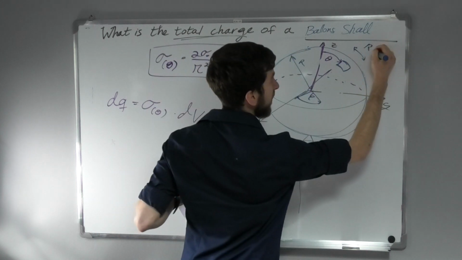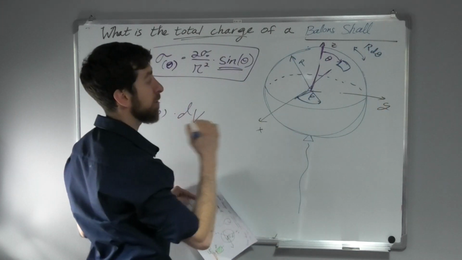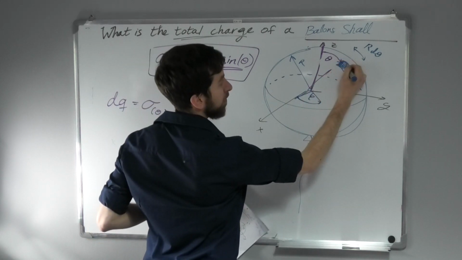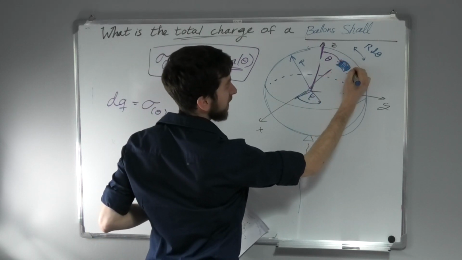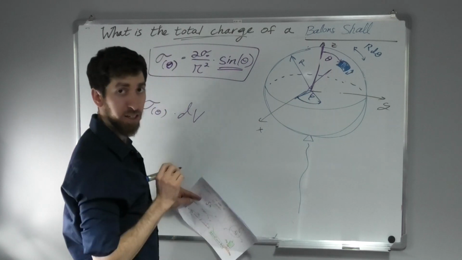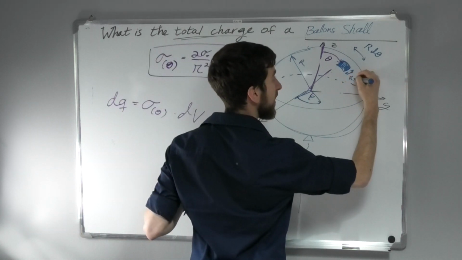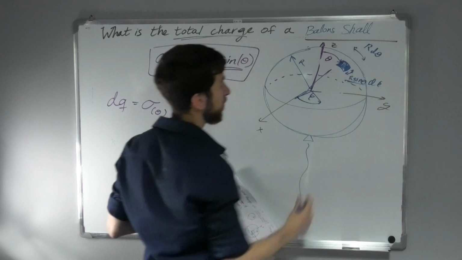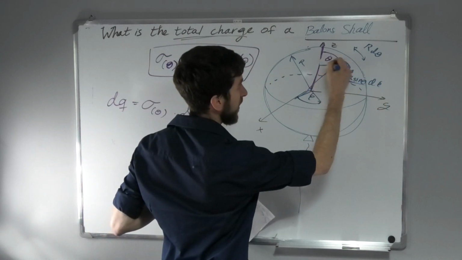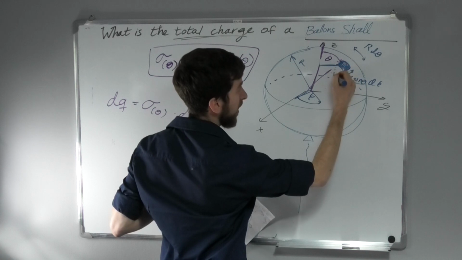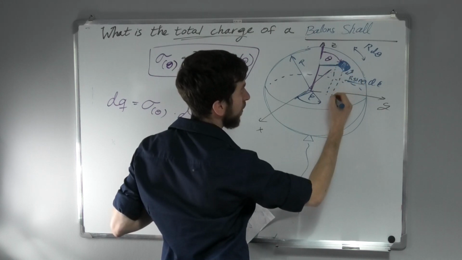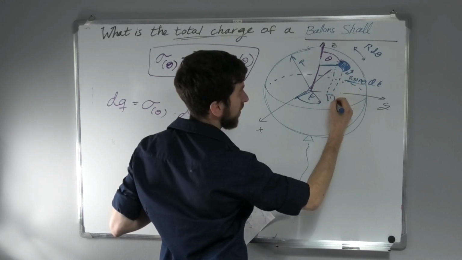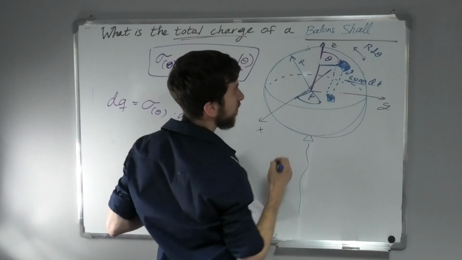So this is r d theta, perfect. But I want you to be careful, because this part is not r d phi, it's actually r sine theta d phi. Why so? Because you see that this one has a shadow over here, right? This is the shadow.